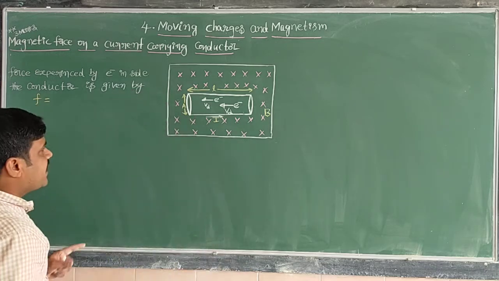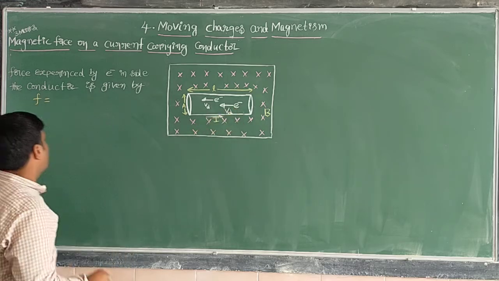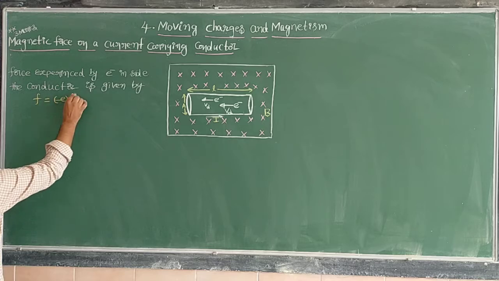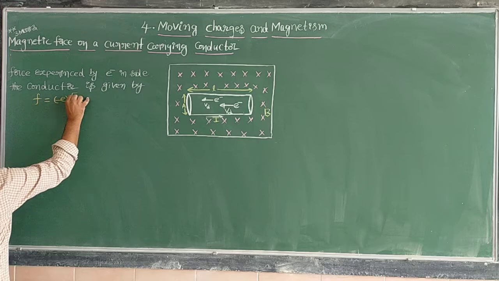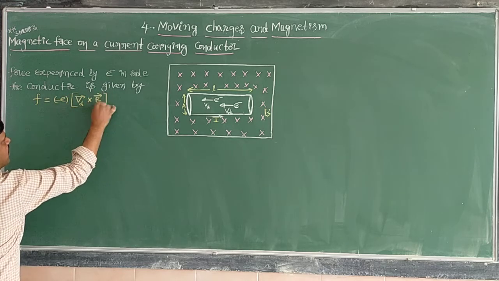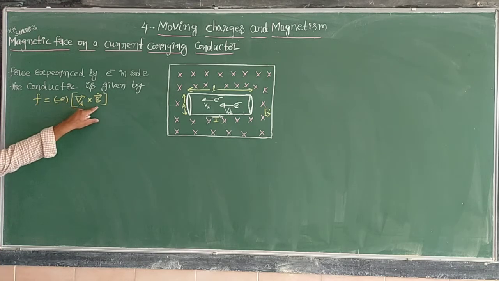Q is the charge; what is the charge of an electron? Minus e. So f is equal to minus e into the drift velocity Vd bar cross B bar. That means the force experienced by a charged particle depends on its charge, its velocity and the magnetic field.